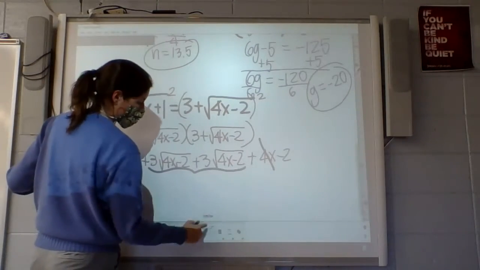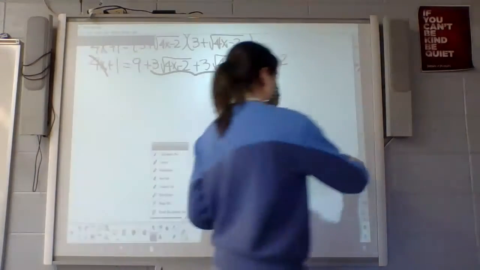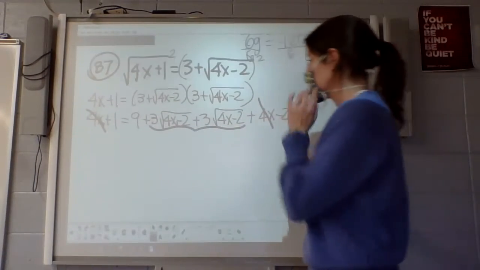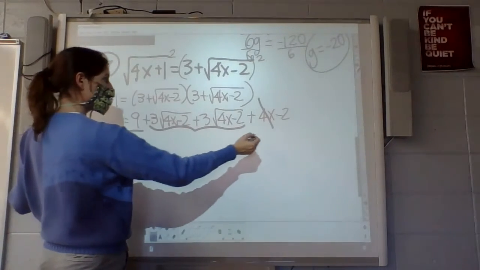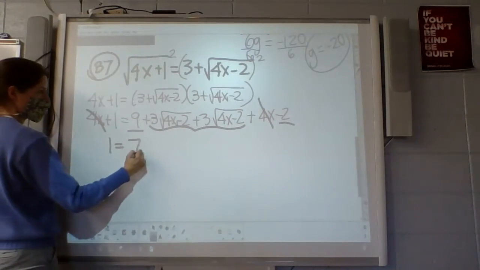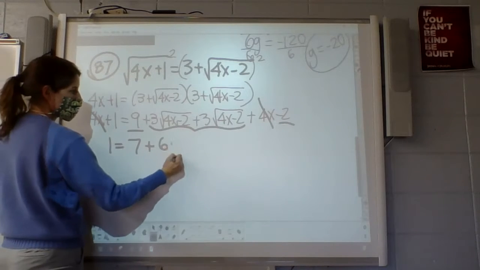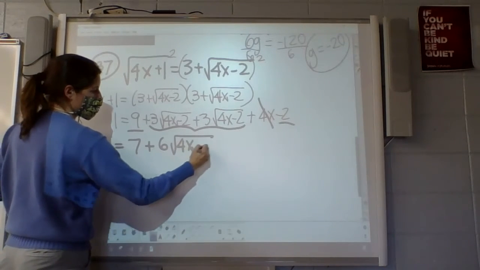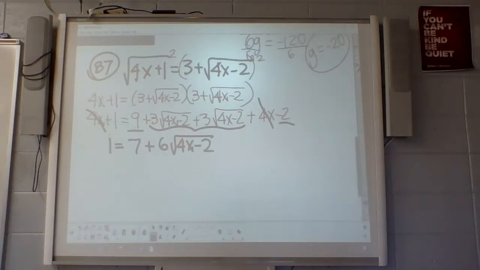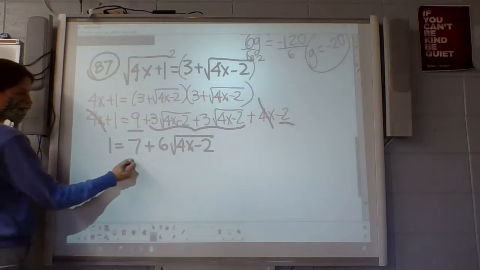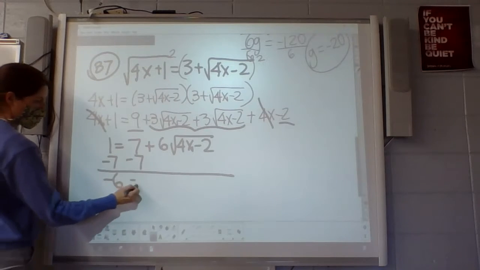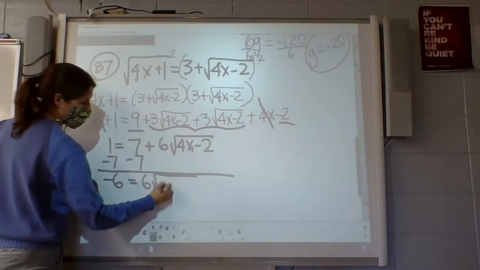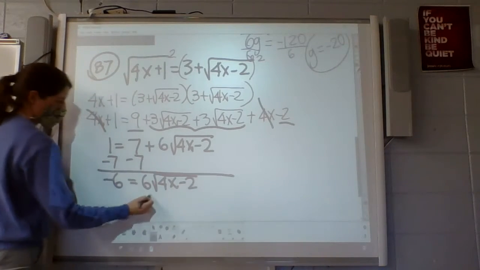I subtract them and then they would go away. These two can go together. So I have 1 here. I have 9 and a negative 2, so that's 7. This is 6 root 4x minus 2. Move this 7 over. Divide by 6.